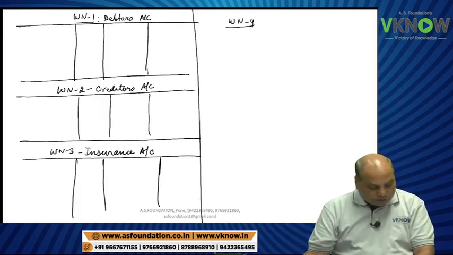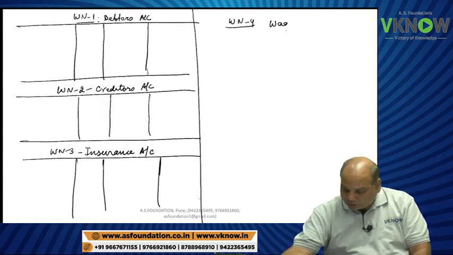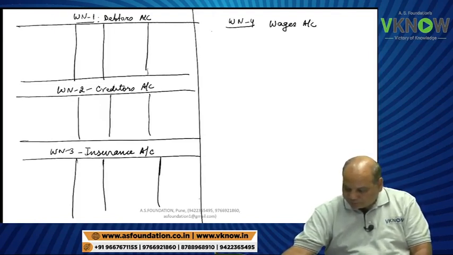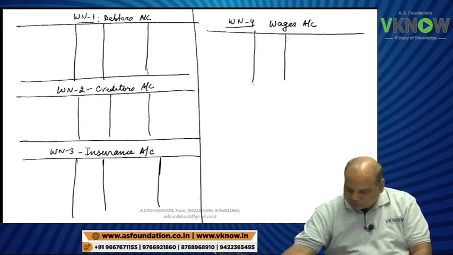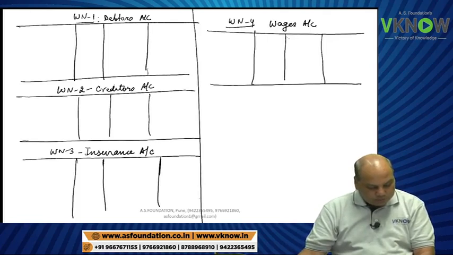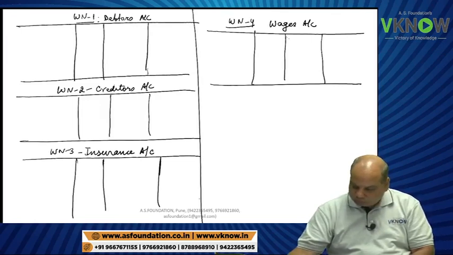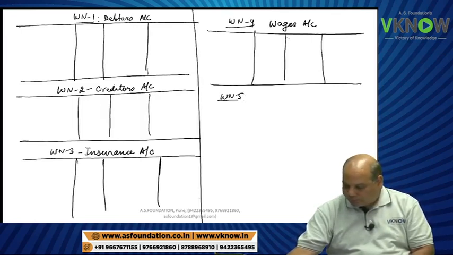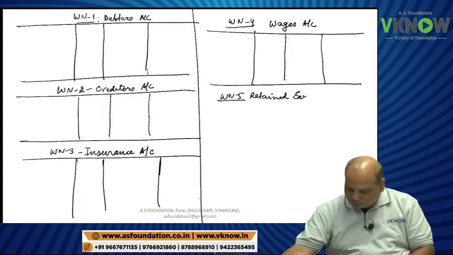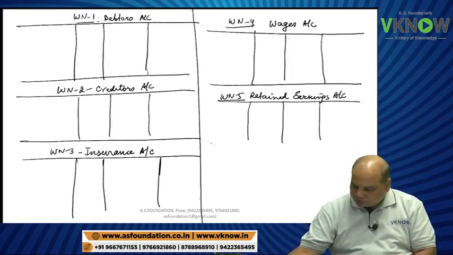Working note 4, there is a wages payable in the question, so I will write wages account, 6 lines. And one last account, write retained earnings account, about 6 lines.